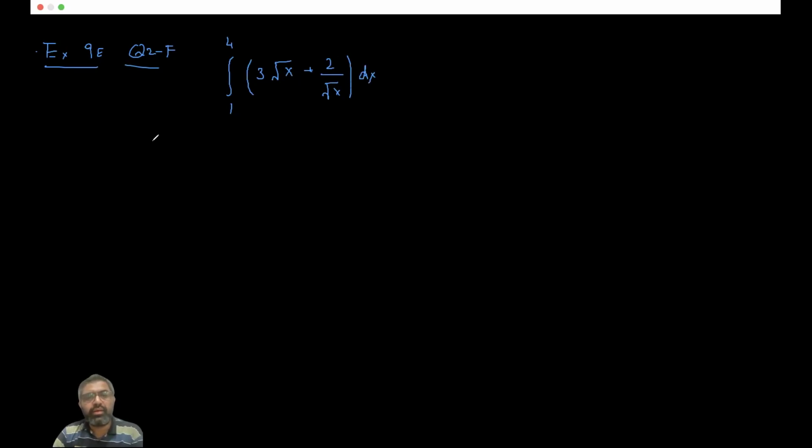Separate the integral over two expressions. This becomes 1 to 4, take constant 3 out, integration of under root x dx, plus again take the constant 2 out, and inside is 1 over under root x dx. Integration is from 1 to 4.